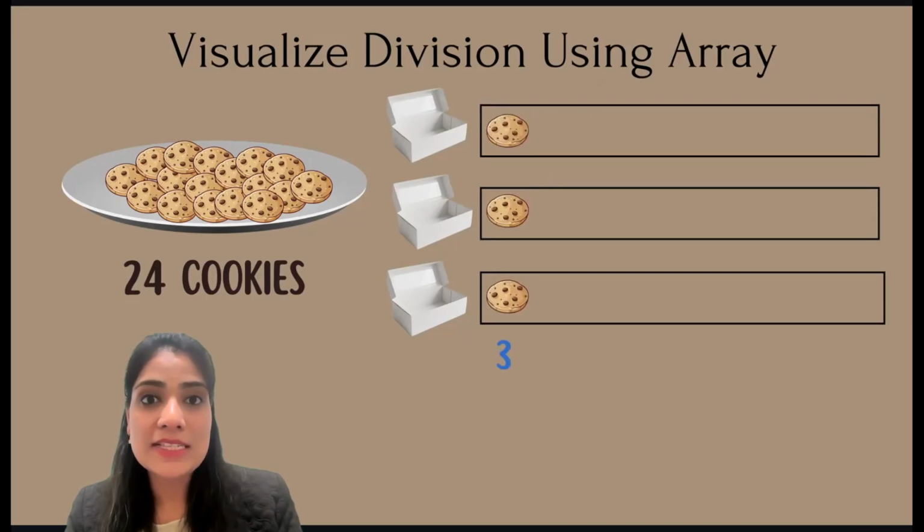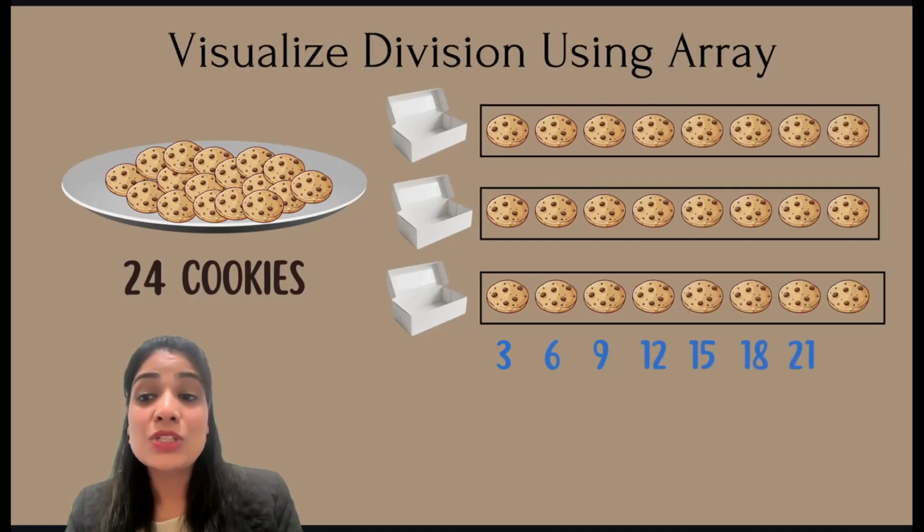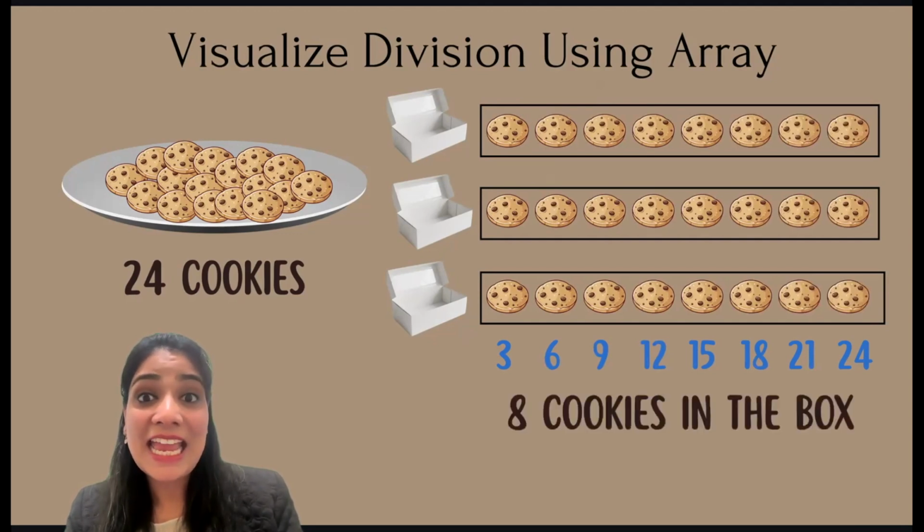Let's keep on placing until all of our cookies are finished. 3 more, 6. 3 more, 9, 12, 15, 18, 21, 24. All cookies are gone. So, how many cookies do you see in a row? 8 cookies in the row or 8 cookies in a box. 24 divided by 3 is 8.